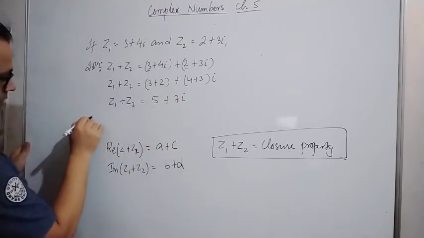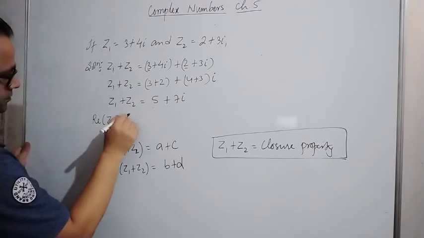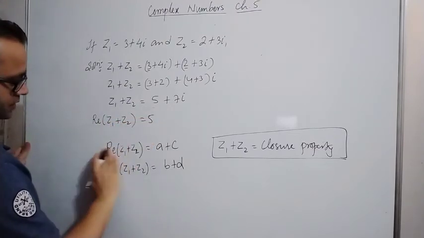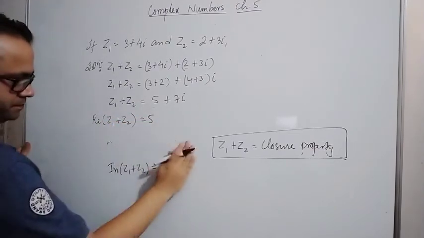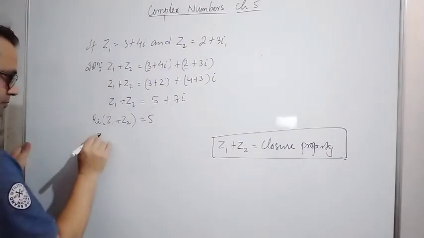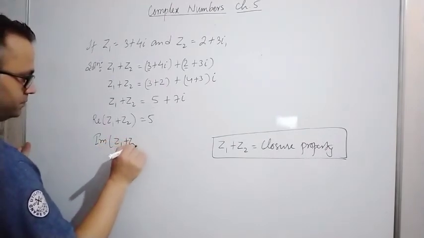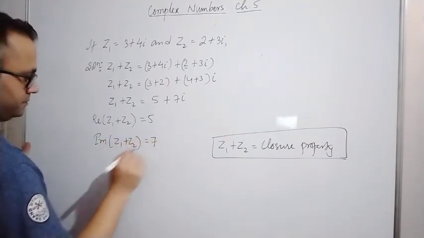Now we can say that the real part of z1 plus z2 is 5 and the imaginary part of z1 plus z2 is 7.